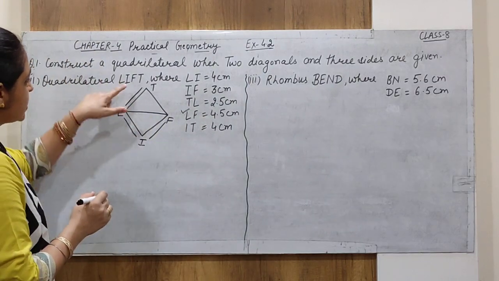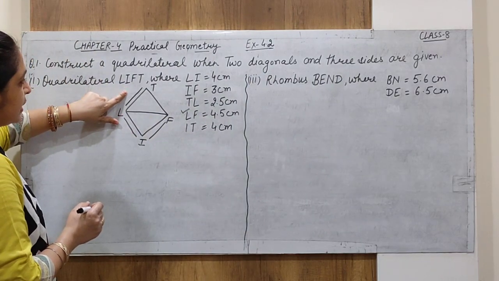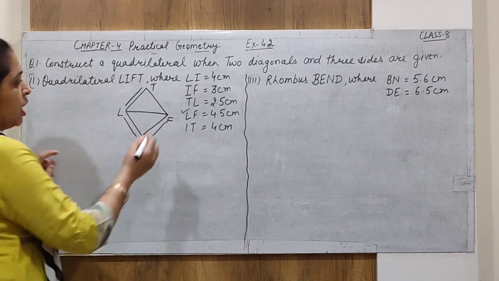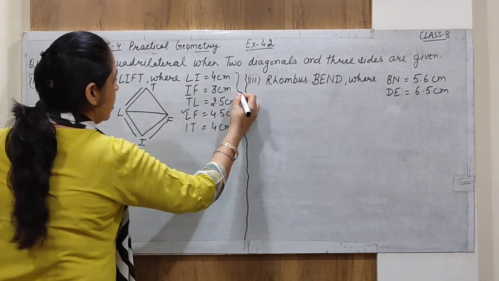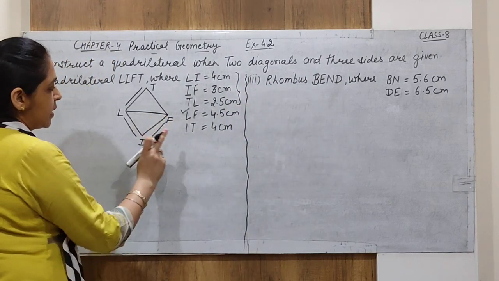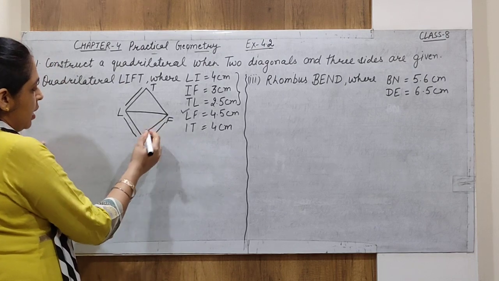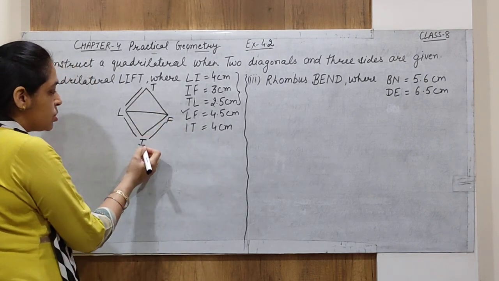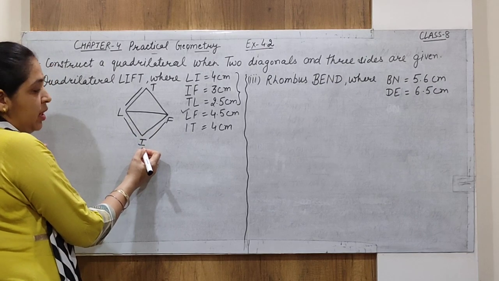So three sides are given, because this is the type in which three sides and two diagonals are given. These three are the sides and this is the first diagonal. Next, IT. This is I and T, also opposite vertices.